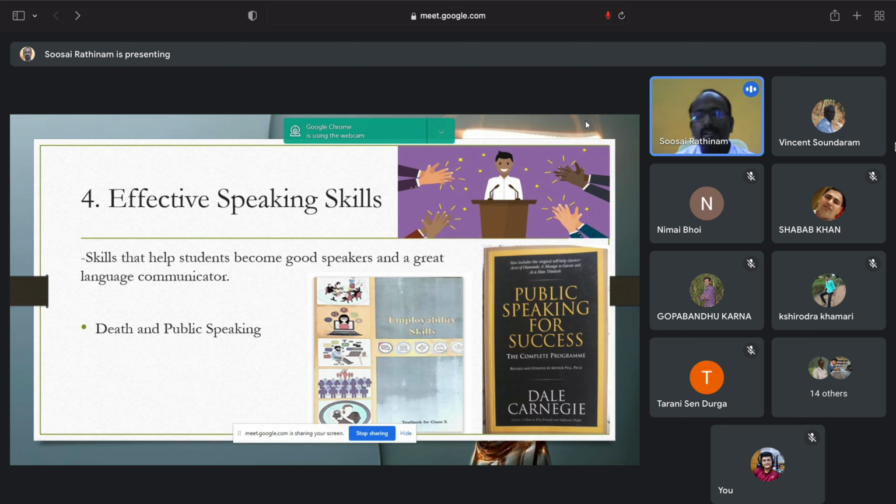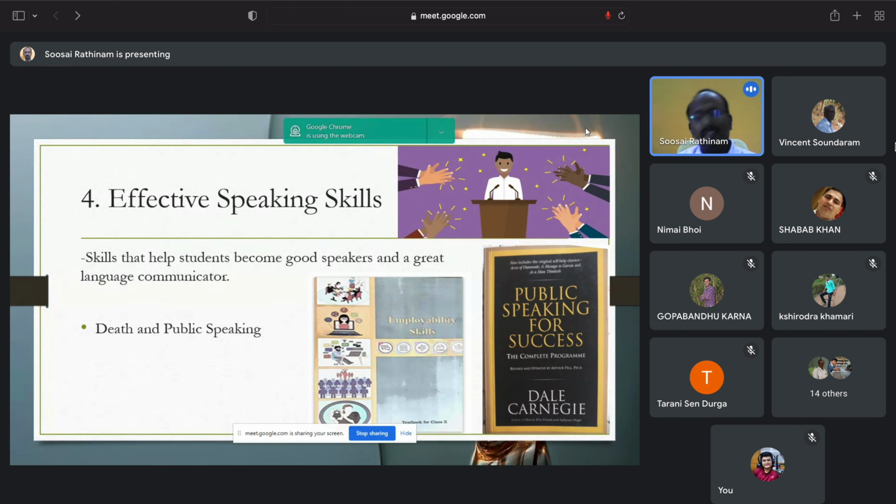I think this textbook has been implemented for CBSE from 9th, 10th, 11th, 12th grades, I believe. Almost all grade books on employability skills have 5 units, and the first unit, when I looked into this book, is on communication skills.